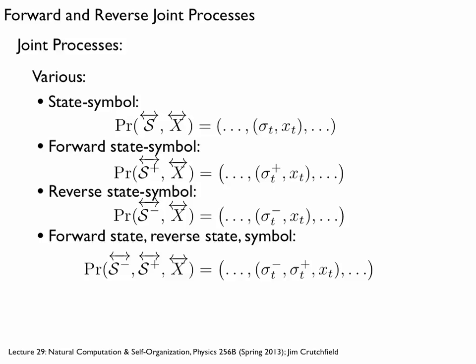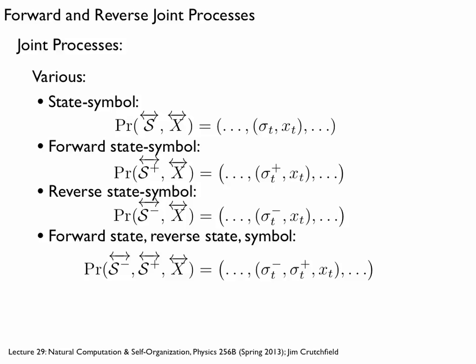Before we were doing this; now we can talk about the joint process between forward states and symbols, or reverse states and symbols. But really, we're now going to be asking questions about how the forward and reverse processes are related, going a little bit beyond the information diagram.